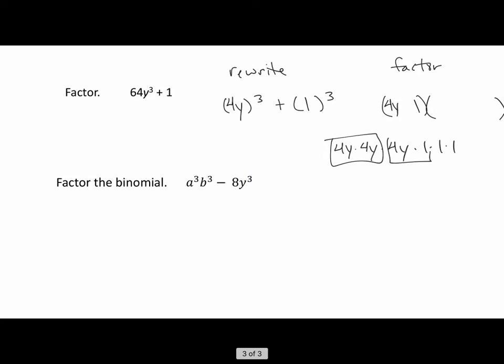It's good to put something between those factors so you can identify where to box them up in pairs. So the first term is going to be 4y times 4y, that's 16y squared. The middle term is going to be 4y times 1, that's 4y. And the last term, 1 times 1, is 1. Then we can put the signs in, same sign positive, opposite negative, and always positive for the last term.